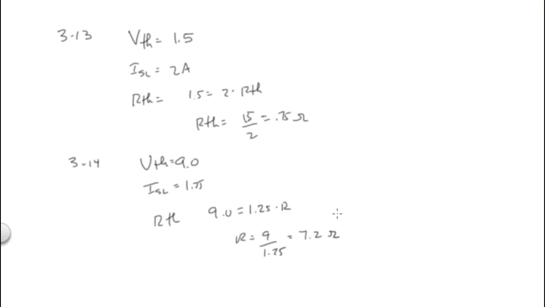Okay, so number 15. Given that the voltmeter of 326 has a very high resistance and the ammeter has a very low resistance, find R Thevenin of the black box if VAB is 100 millivolts and I shorted load is 0.1 milliamp.